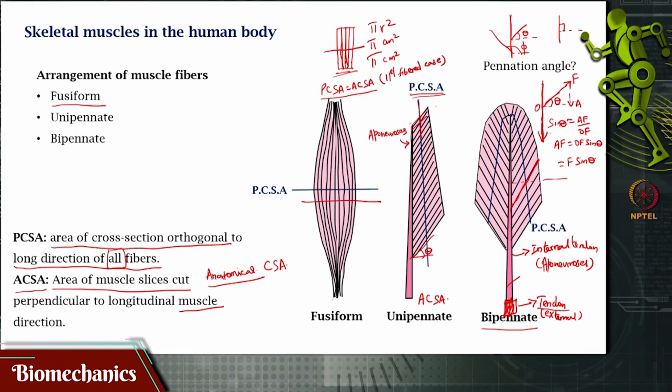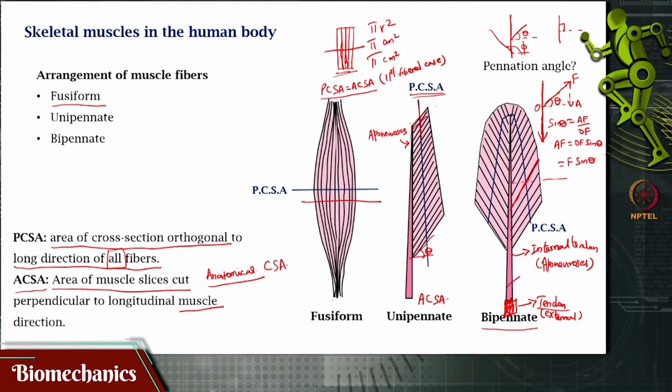That means that a lot of the force that is produced by the fiber is not along the direction of the internal tendon or the external tendon or the bone. A lot of it is going to be wasted, not exactly wasted, but it is not exactly getting transmitted, right. So, this angle plays a crucial role in force transmission.